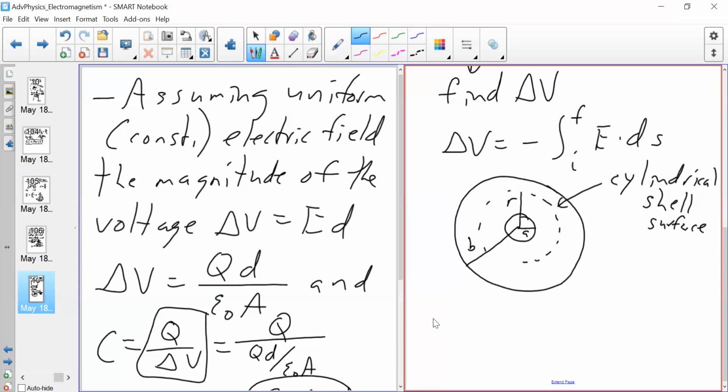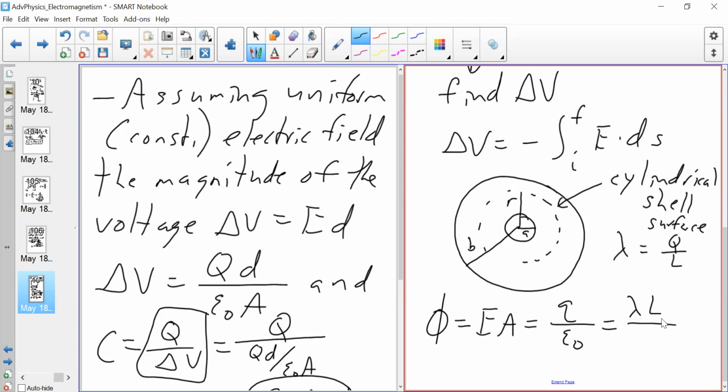All right, so electric flux, E times A, is equal to Q over epsilon naught. And we're surrounding the whole Q. But remember that not only is Q here, it has a length, L. So that Q becomes lambda times L, where lambda is Q over L, over epsilon naught.